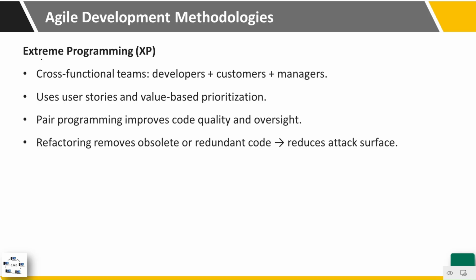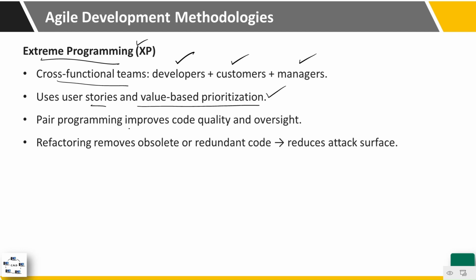First is Extreme Programming, or XP. In XP we have cross-functional teams, that is, teams comprising developers, customers, and managers. XP uses user stories and value-based prioritization. It gives value to user feedback and user recommendations.